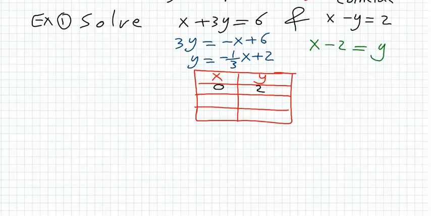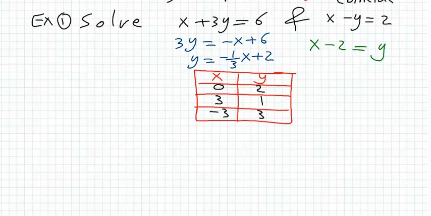If we assume that x is equal to 3, then y is going to be 1. If we suppose that x is equal to minus 3, then y is going to be 3.